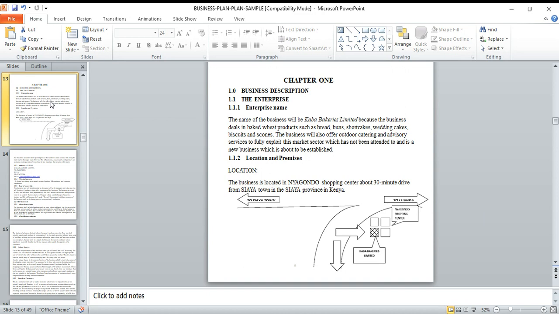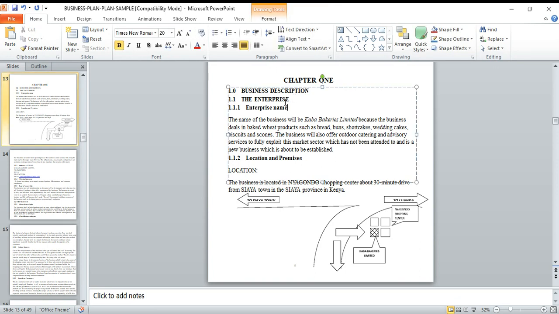We have chapter 1, business description, the enterprise, and the enterprise name. So we proceed from there. You can delete all this, but it's good you include them so that you understand the flow of your business plan. So we start with the enterprise name.